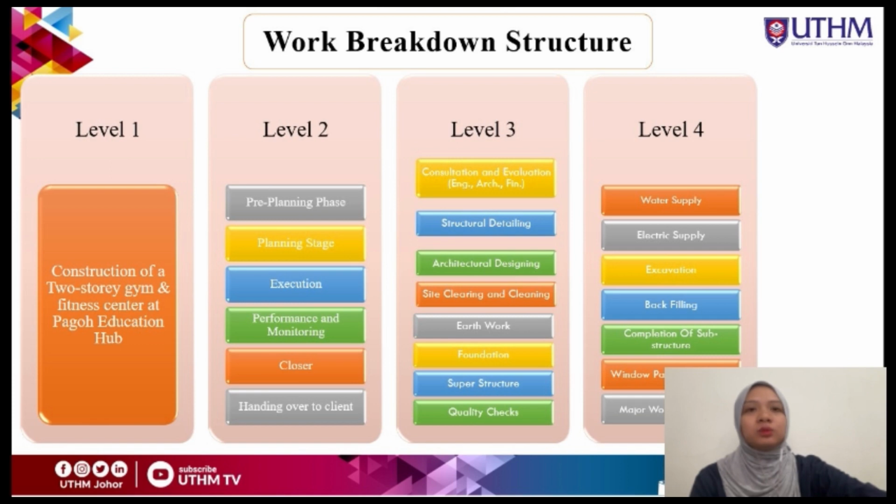Level 2 is mostly a summary of level 3 and level 4, which is pre-planning phase, planning stage, execution, performance and monitoring, closure, and also handing over to the client. In level 3 we have the consultation and evaluation from engineering, architectural and finance, and structural detailing, architectural designing, and so on. And for level 4 we have water supply, electric supply, excavation, backfilling, and etc.